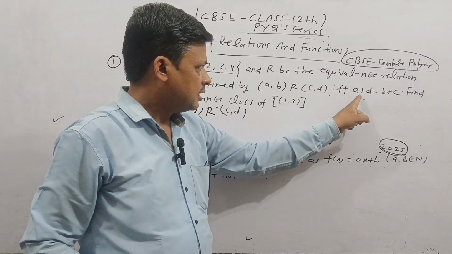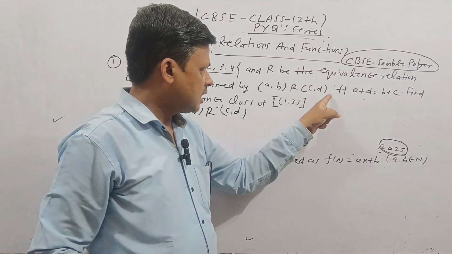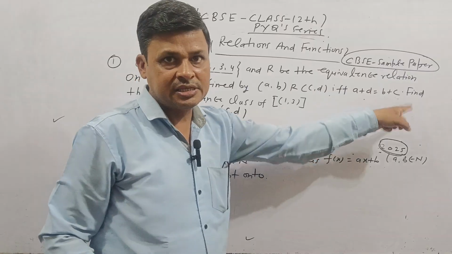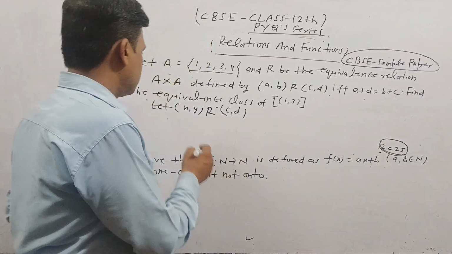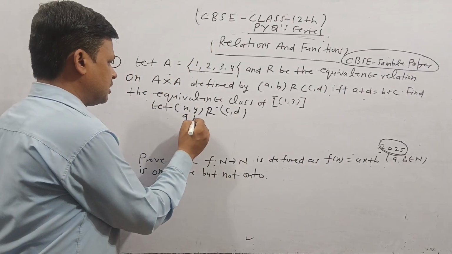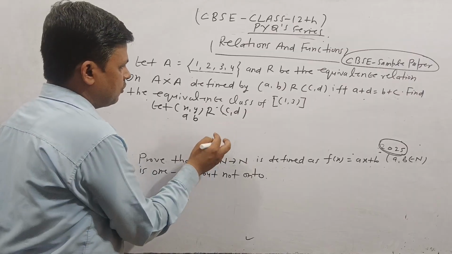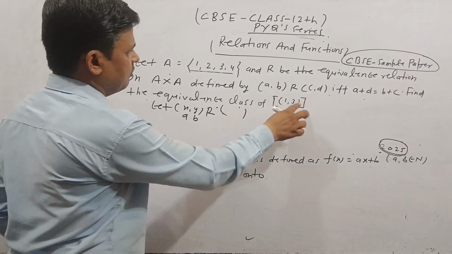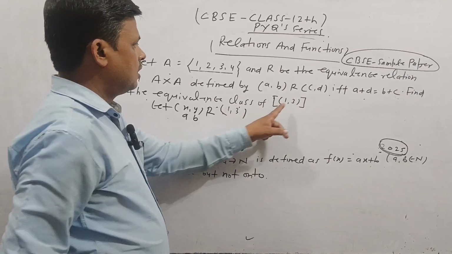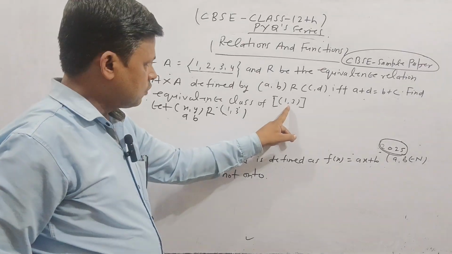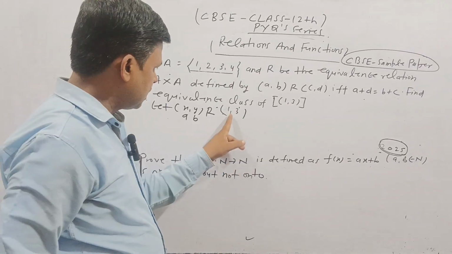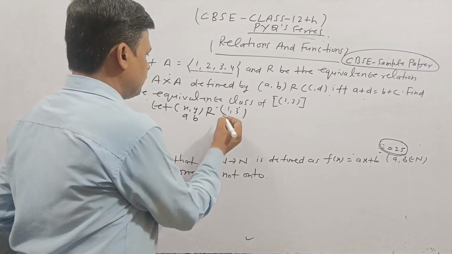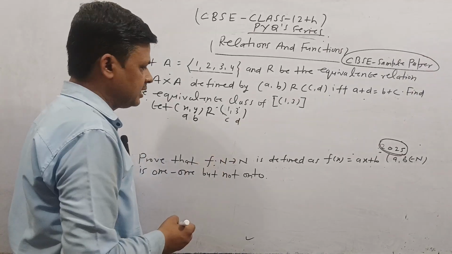The relation is (a, b) related to (c, d) if and only if a plus d is equal to b plus c. So in place of a there is x, in place of b there is y. In place of (c, d) we will take (1, 3), because we have to determine the equivalence class related to (1, 3). So in place of c it is 1, in place of d it is 3.